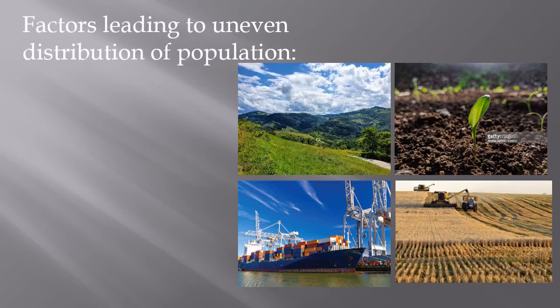Now we will look into the factors that lead to uneven distribution of population, or in other words, what makes a population different from others. A number of different environmental and human factors affect the distribution of population all over the world. The world is made up of a large number of contrasting environments.